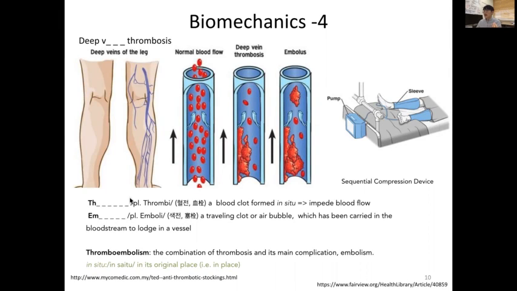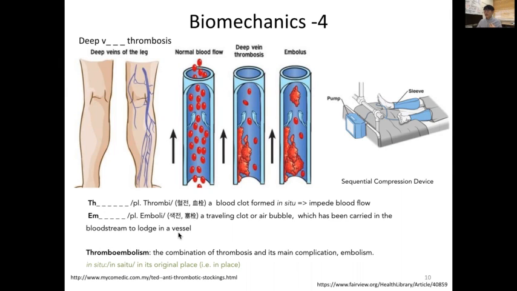So this is an embolus, and the plural is emboli, and this is called a traveling clot, or even an air bubble can form an embolus, which is a traveling clot. This is carried in the bloodstream, and later it lodges in a vessel somewhere in our body, very likely in our lungs, or sometimes it can lodge in the brain.